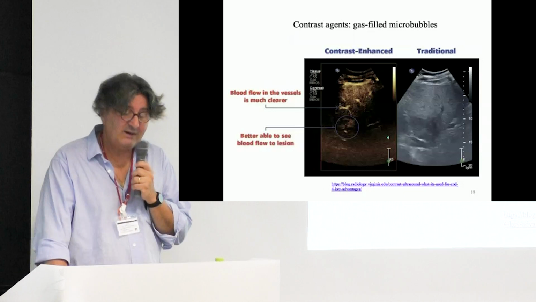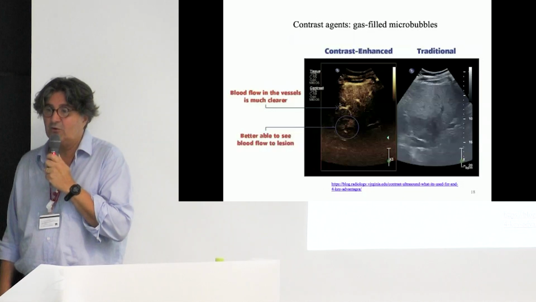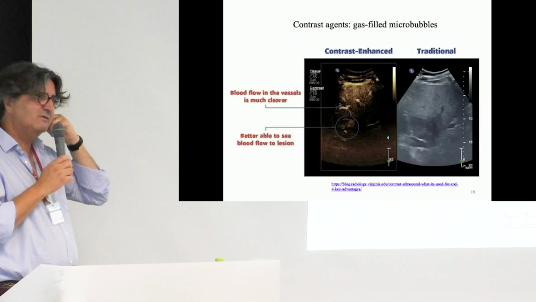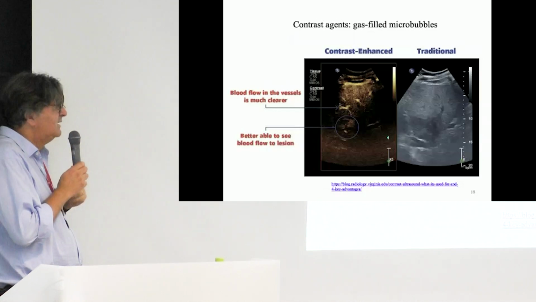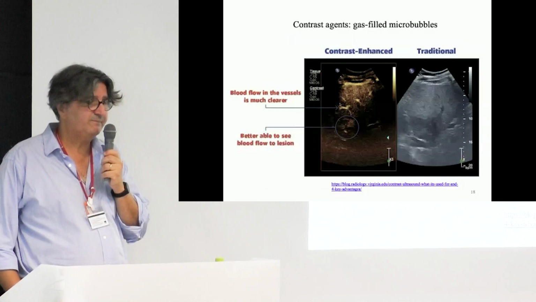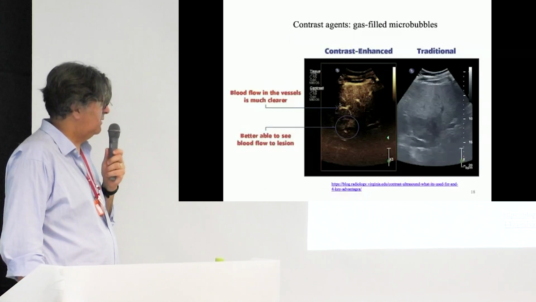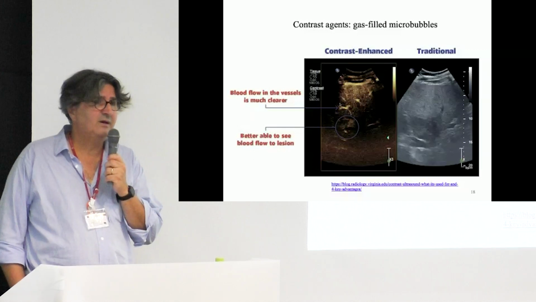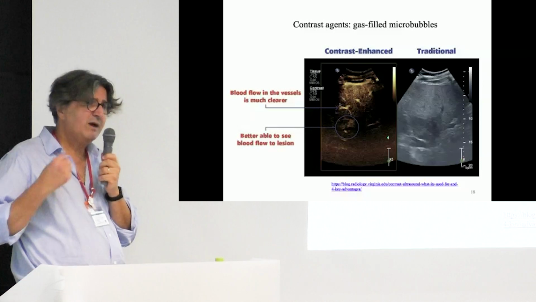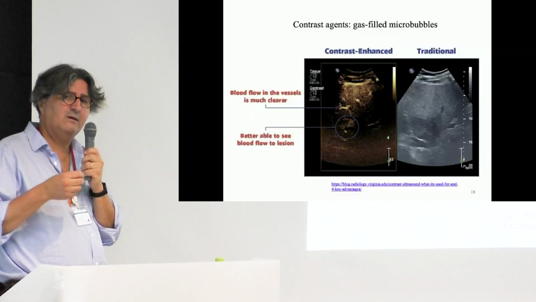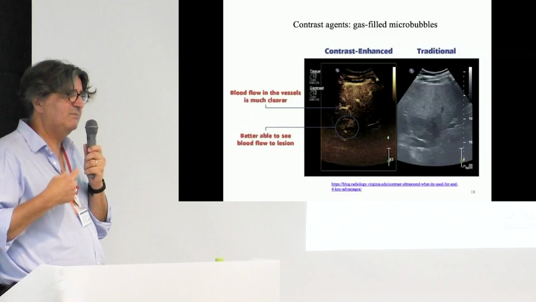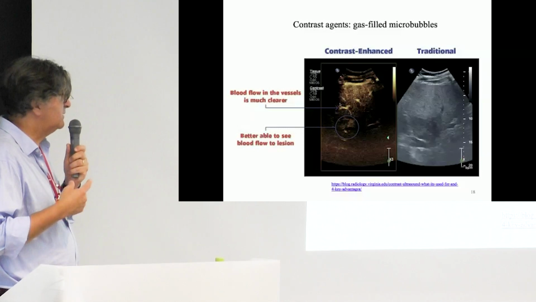Okay, there is another aspect to go back to conventional images, another technique that is very often used: the use of contrast agent. What is a contrast agent? Contrast agents simply try to put microbubbles in the body and image these microbubbles.